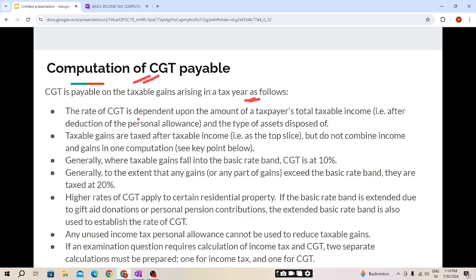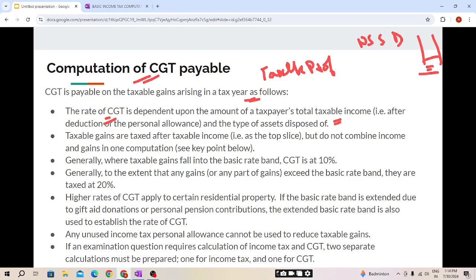The rate of CGT is dependent upon the amount of the taxpayer's total taxable income. As we have seen, students, in our income tax calculation format, the last one was the taxable profit. Our total taxable profits for non-savings, savings and dividend will give rise to the total taxable profit.